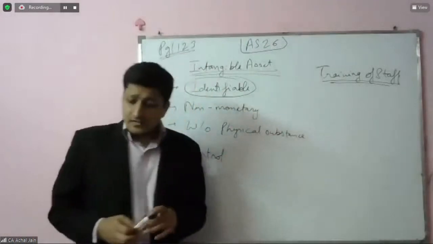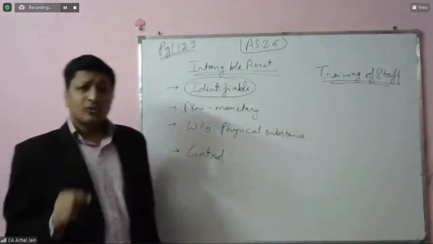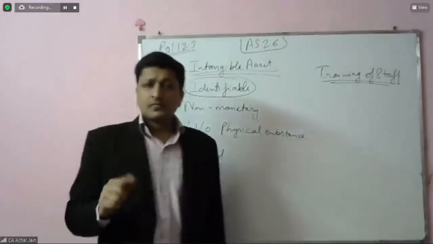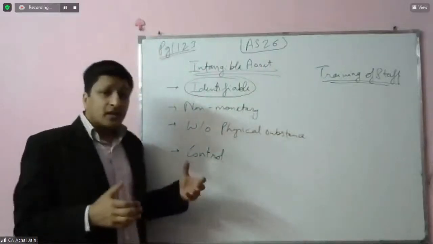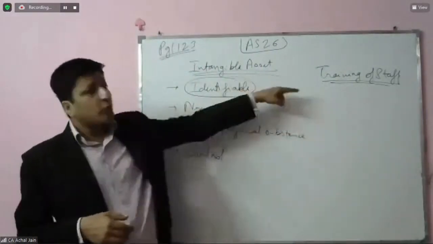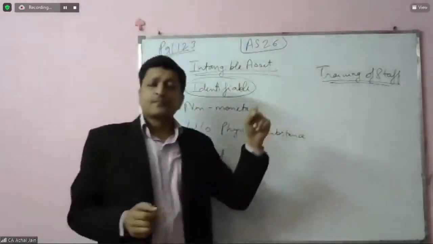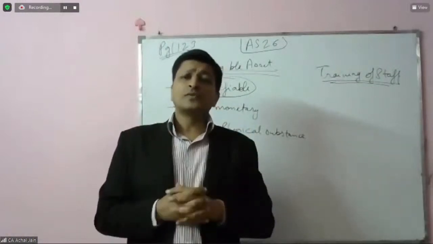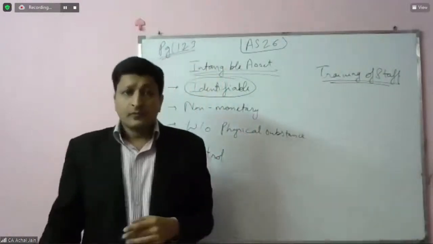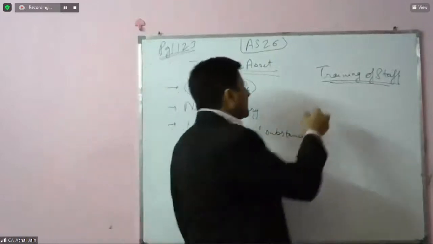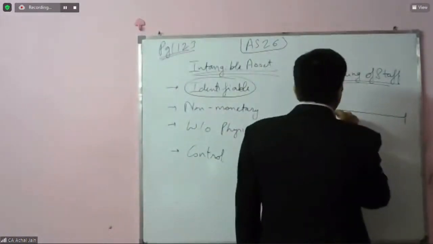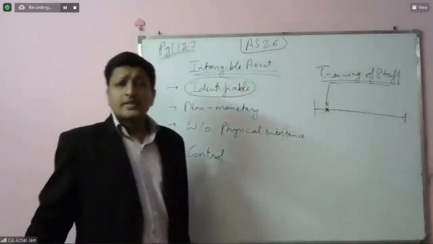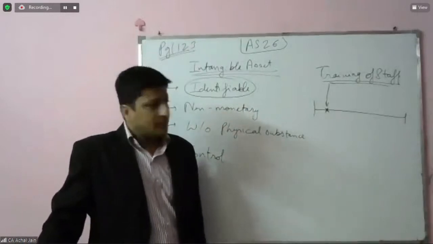Now the point is, if you look at this training, is it something which is identifiable? Second, if we look at the control on this training or on that staff, can the company say that the staff is within the control of the company? The answer is no. Why? Because if today this training was given, the employee is not bound with the company.